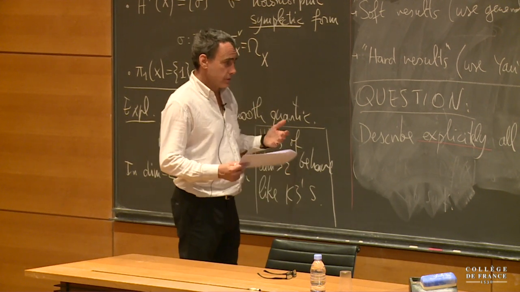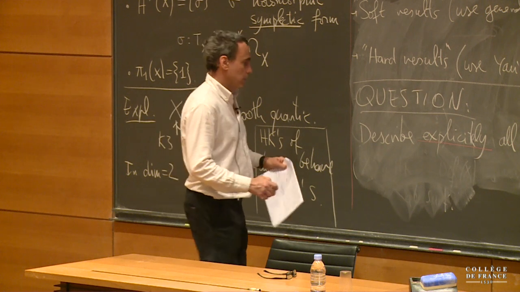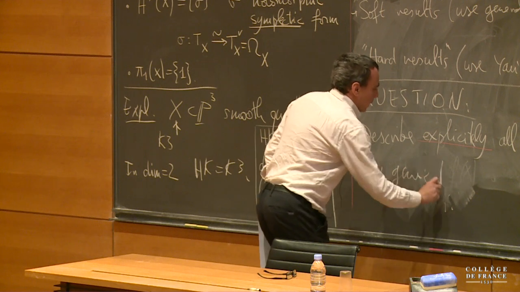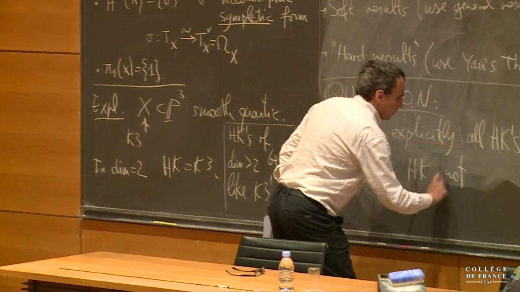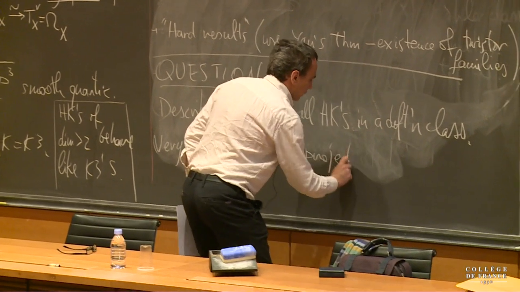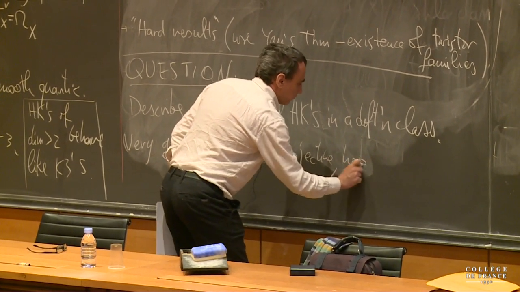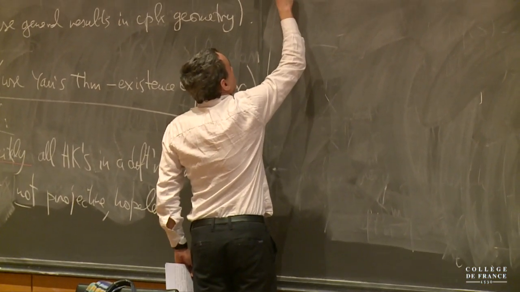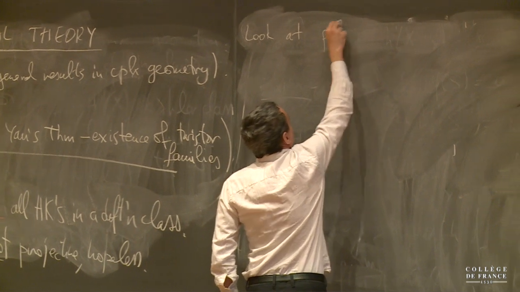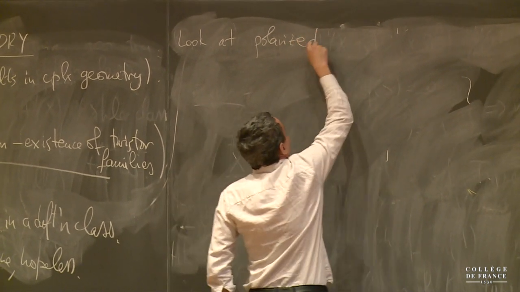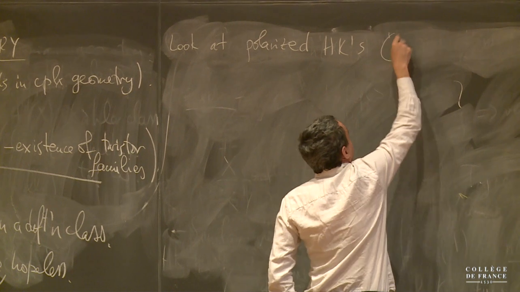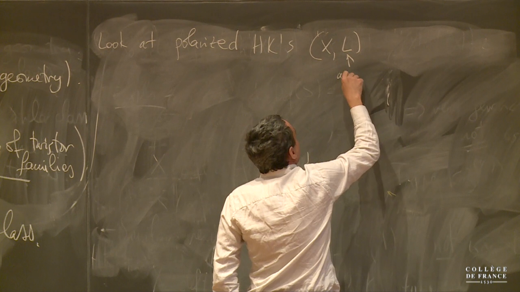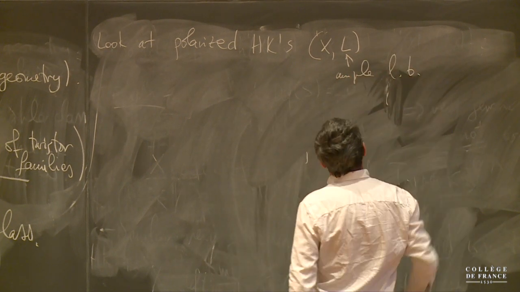So let's limit ourselves to projective. So the very generic Hyper-Kähler, not projective, this is hopeless. So let's look at polarized, so in particular projective. So this is an ample line bundle.